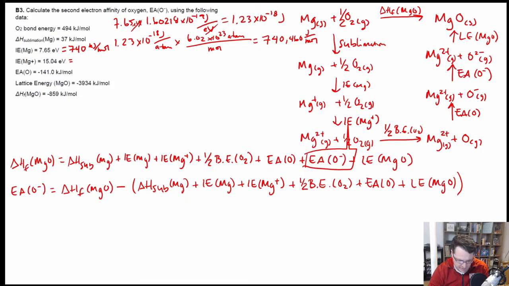And what we get is about 1,000,000 joules or so. So divide that by 1,000. And so what we get is 1,450 kilojoules per mole, because that's the second ionization energy.